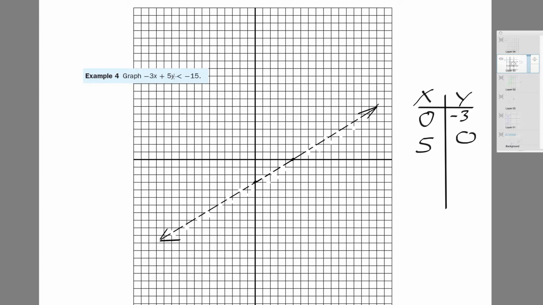So I've tested a point to verify what I already knew, that it's not above this line, it's below this line that we have our region of points. And again, I shade this in to indicate that it's my possible region of solution, and I've now graphed the inequality negative 3x plus 5y is less than negative 15.